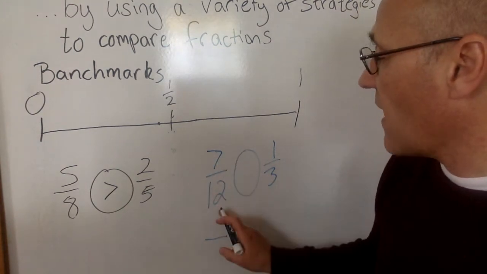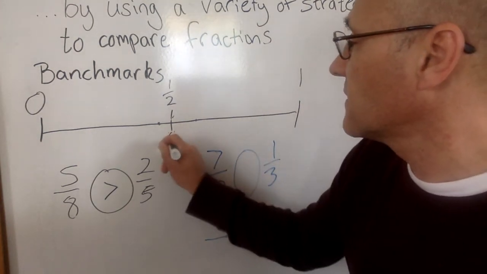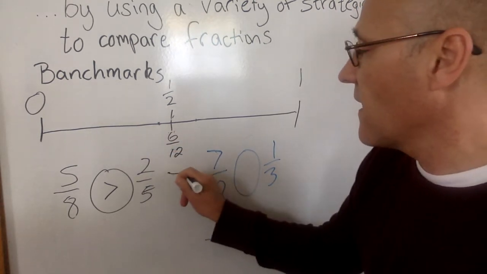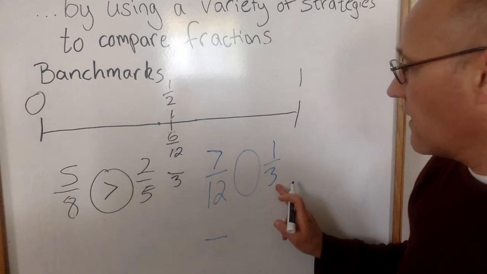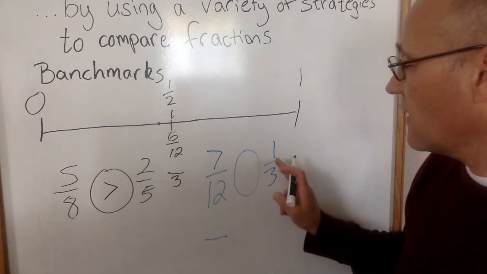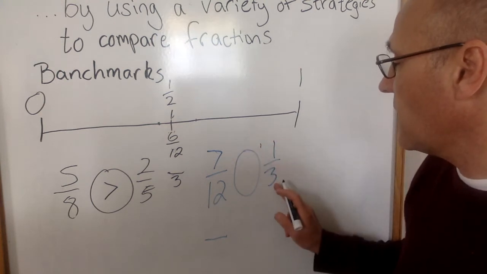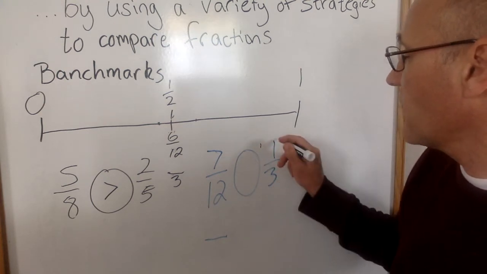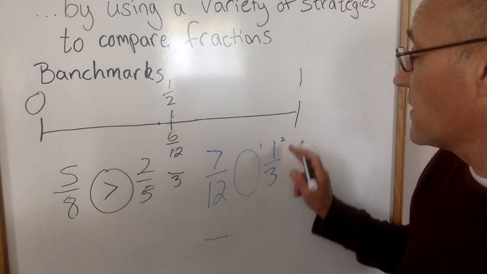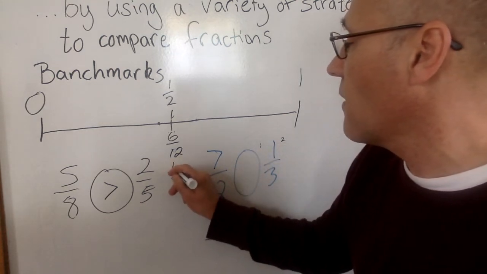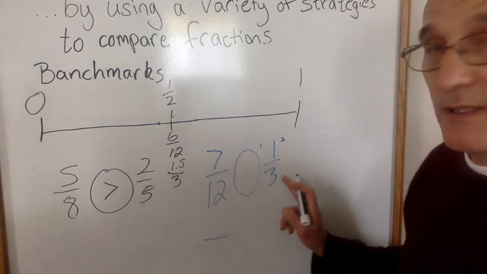Half of 12 is 6. Half of 3, again, it's in between. 3 is in between 2, which half of 2 is 1, and 4, which half of 4 is 2. So right in between 1 and 2 would be 1 and 5/10.